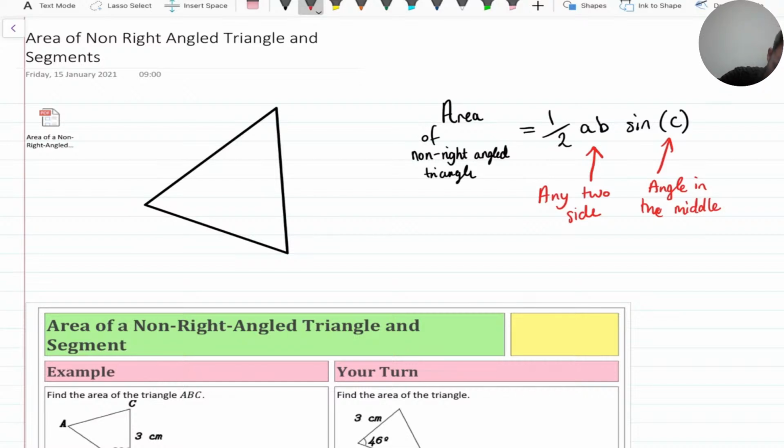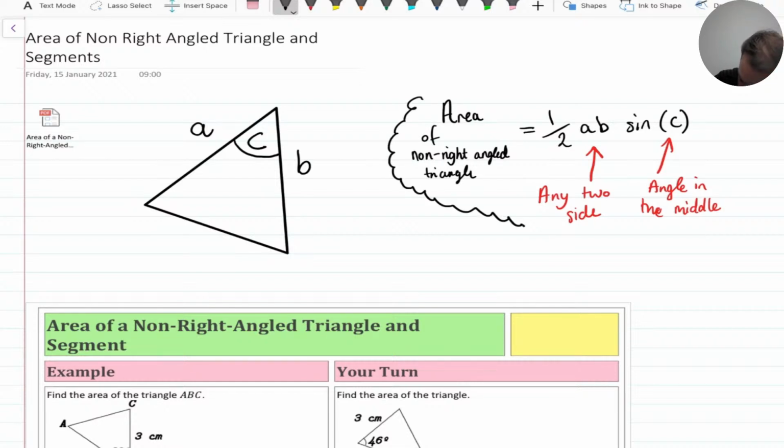So it doesn't matter which one I call it. If I say this one is A and this one is B, then the angle must be that one, capital C. I could also say that this one was A and this one was B, so in which case the angle in the middle would be C there. But because we're doing our diagram, I'm just going to do A and B, and this is our angle here, which is C. So this is the formula for a non-right angled triangle.